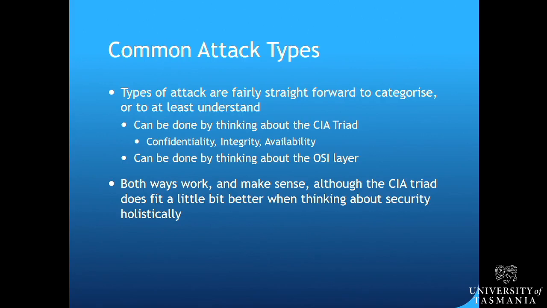Now, as we look at attacks in this unit, and specifically this lecture, we can classify them in a few different ways. In 501, we learned all about the OSI model. So one way of classifying attacks is to think about it from that technical perspective of what they are attacking, what they are getting access to, or what level in our computer they are at. Are they at the application level, in which case they've probably got access to all of our data?